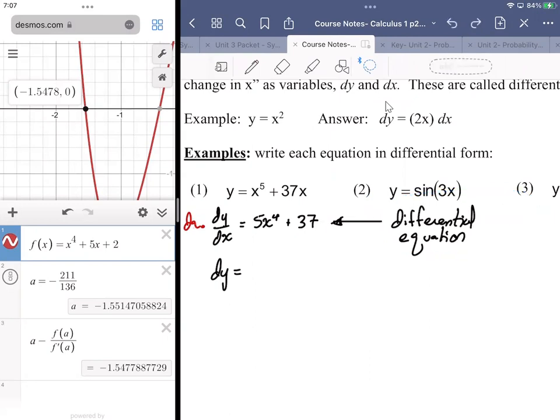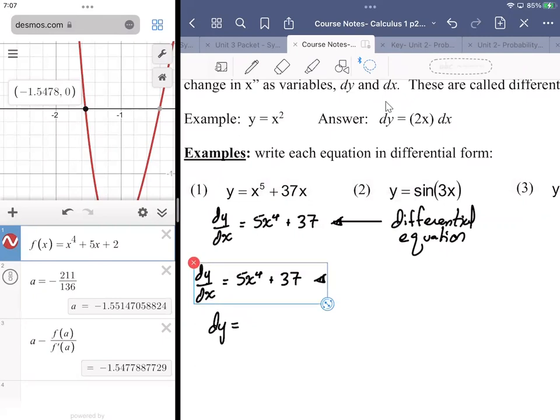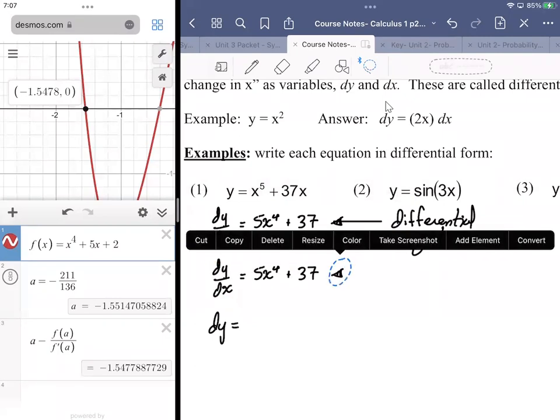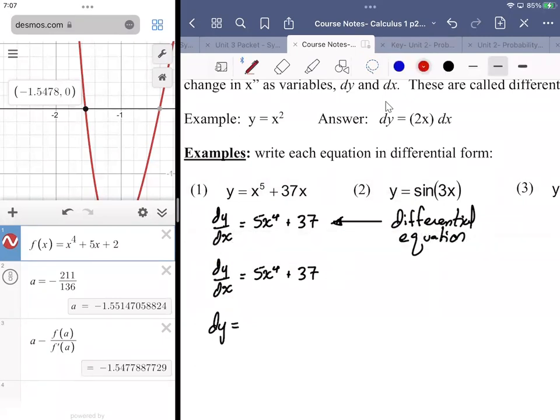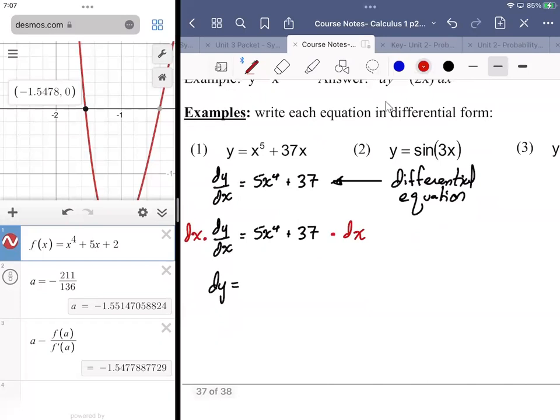Actually, I'll show that in a separate step, just because I have that annotation there. So I'm going to multiply both sides by dx. And so what we end up with here is known as a differential form of the differential equation.